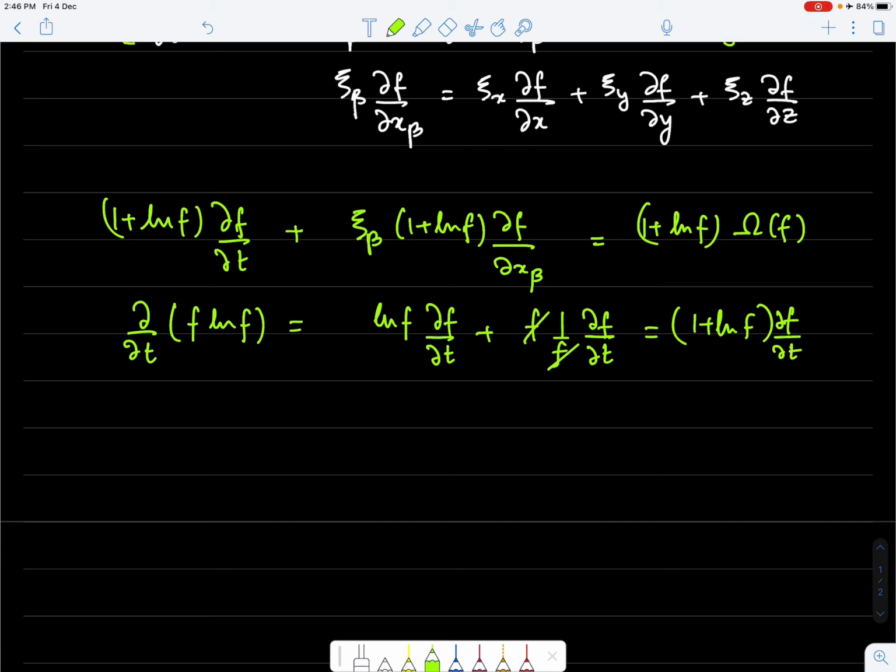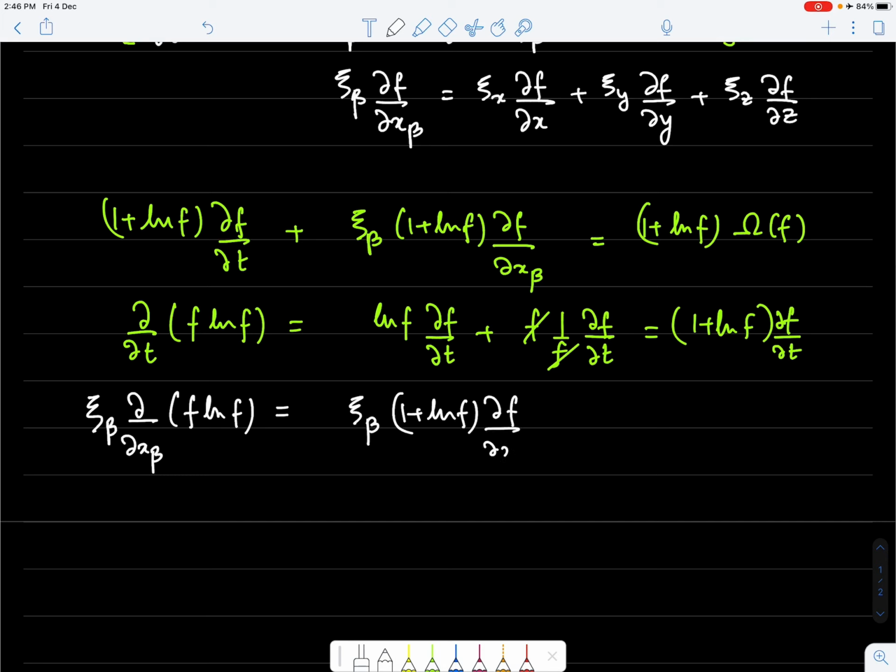And similarly, I can write d by dx beta of xi beta f log f as xi beta 1 plus log f df dx beta.